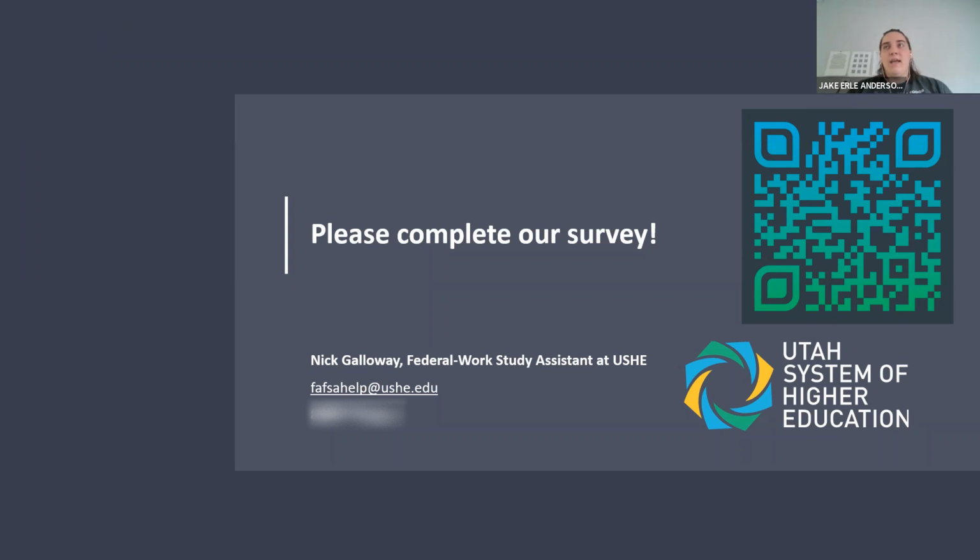So it can be done, and for those students, it is absolutely an avenue that you should help them explore because it can change how much aid they can receive and make college a real option for them.